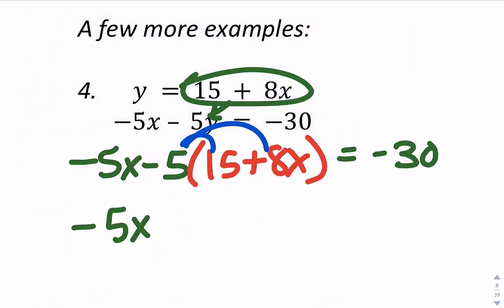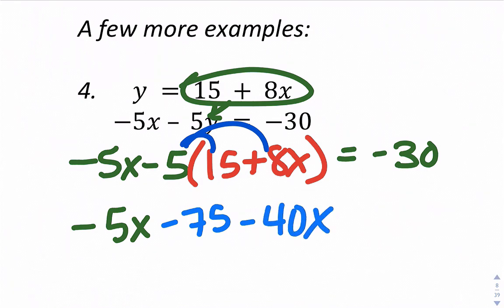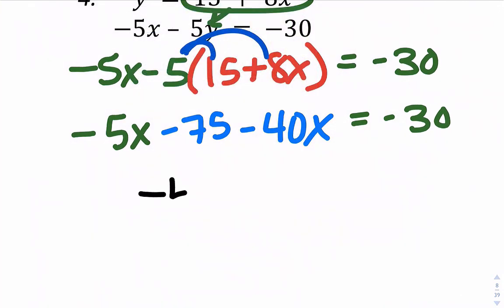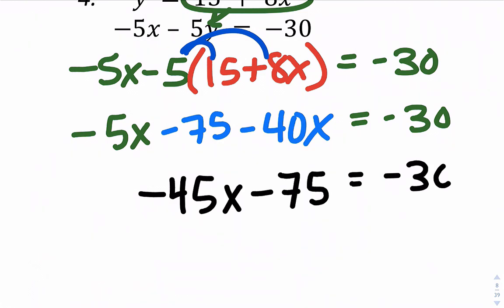This would be minus 75 minus 40x, and that would equal negative 30. Okay, let's combine like terms. So we would have negative 45x minus 75 equals negative 30.